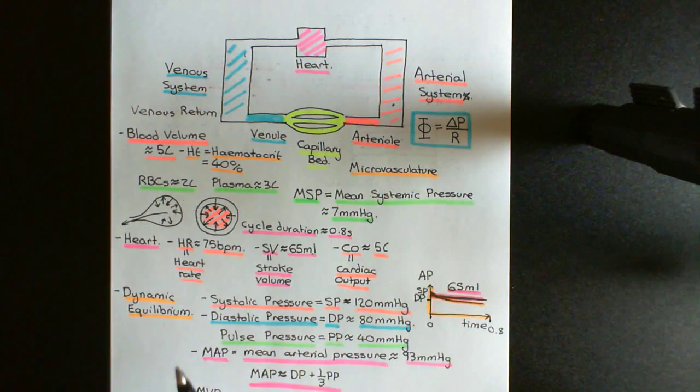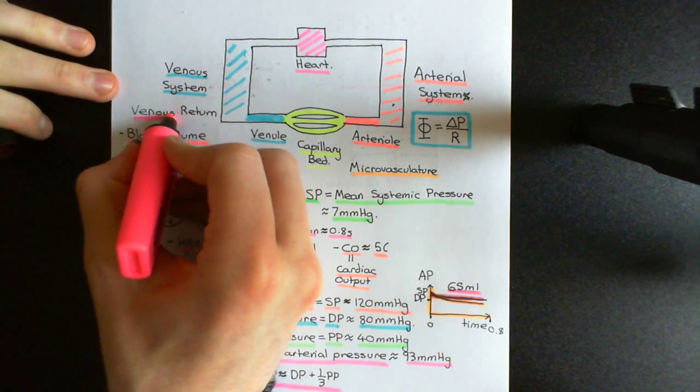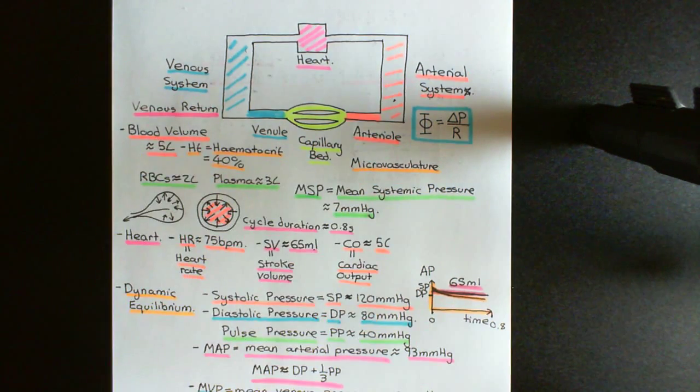Usually if someone just says the venous return, they'll mean in a minute, like cardiac output is the amount of blood the heart moves from the venous side to the arterial side in a minute. But if I say venous return in 0.8 seconds, I hope it will be apparent what that means.